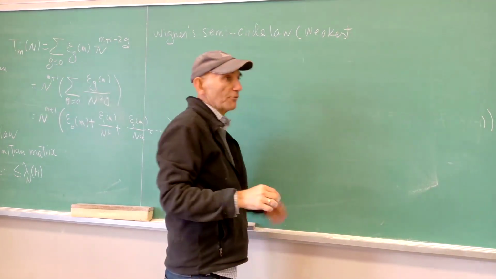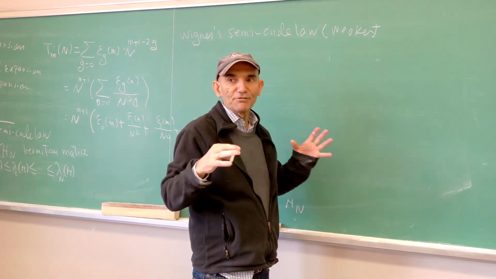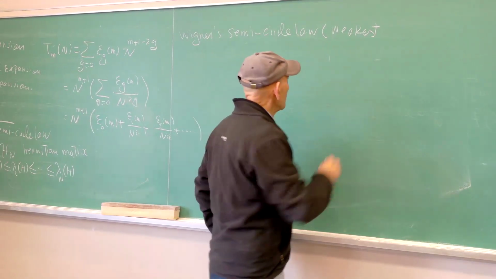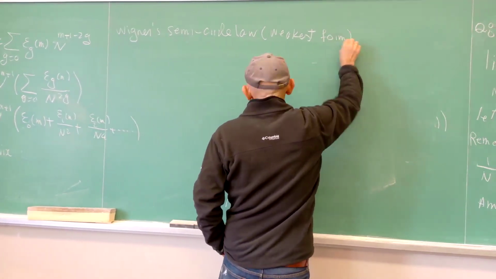It's the weakest form because it's a question of convergence of probability measures. There are five, six different definitions, depending on what weakest form is.